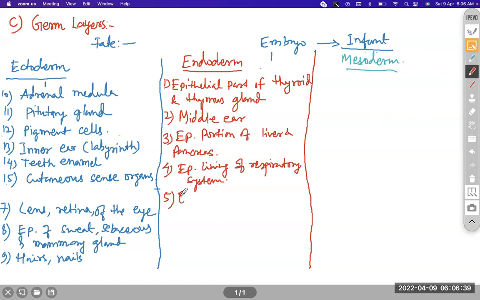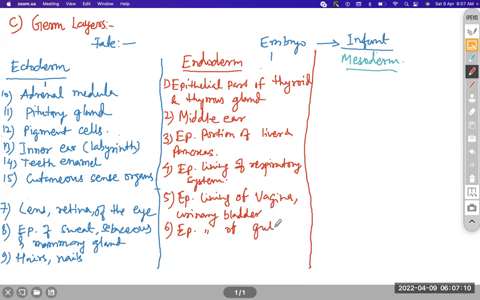Epithelial lining of vagina, urinary bladder, epithelial lining of gut, except mouth and anal canal.